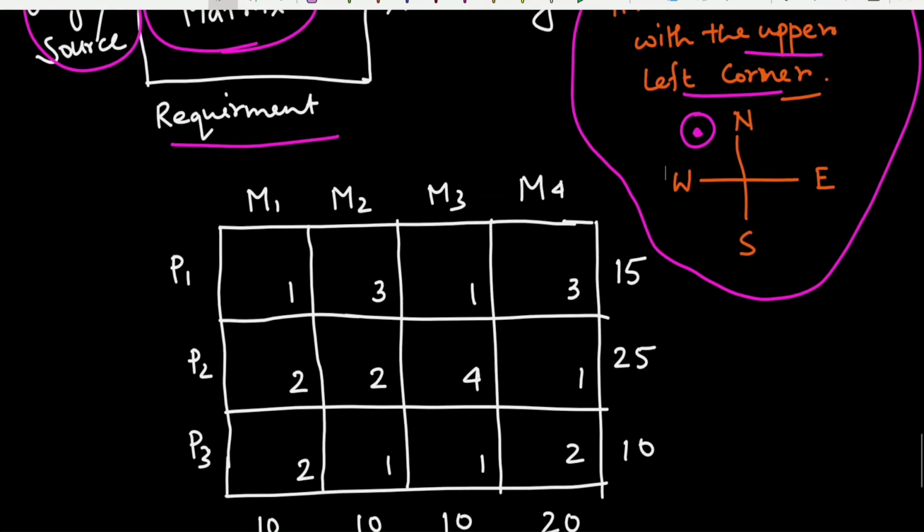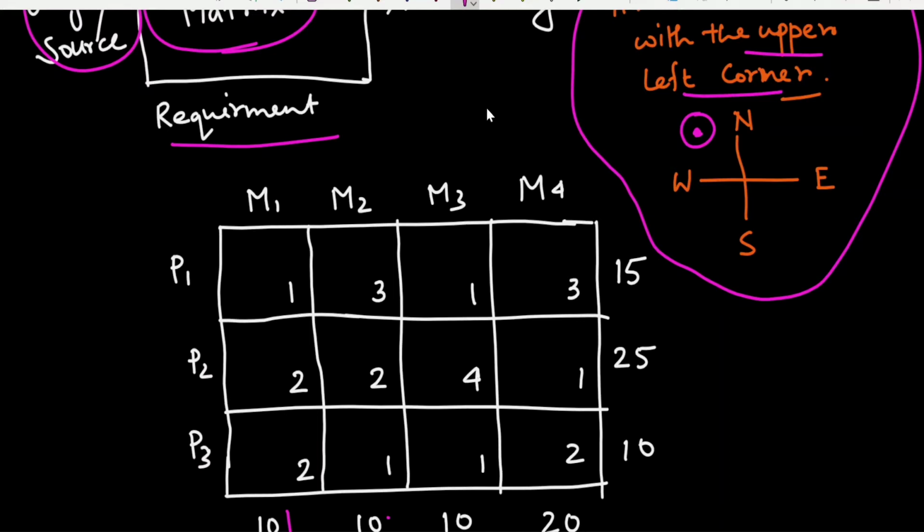So here the markets M1, M2, M3, M4, these are the transportation costs, and these are the availabilities for P1, P2 and P3, and these 10, 10, 10, 20 are the requirements of market 1, market 2, market 3, market 4.